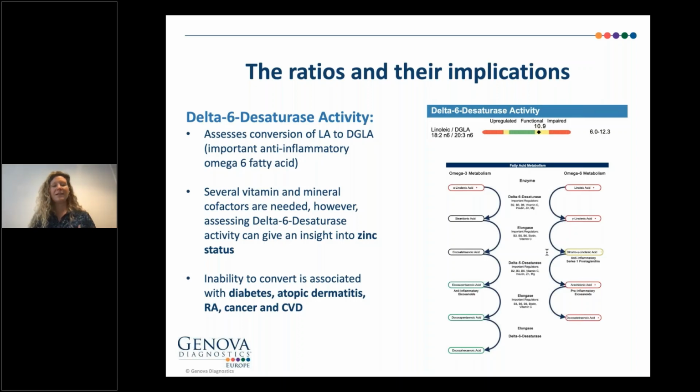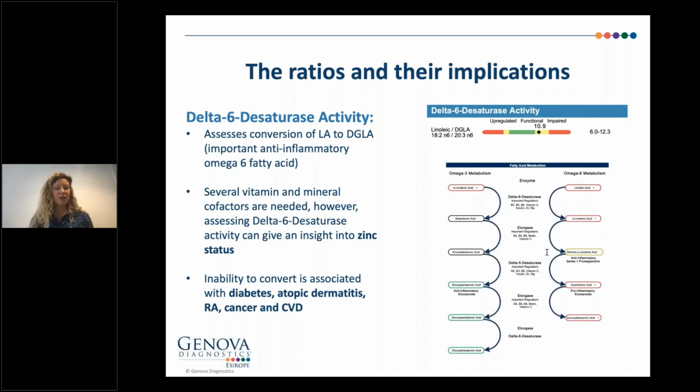And of course, in addition to that, we also know that zinc deficiency can impact things like fatty acid absorption, oxidation, and incorporation into red blood cells. So having an impaired delta-6 desaturase activity level can point to zinc insufficiency as an important cause. And then other considerations to include, of course, are the lack of the other vitamin and mineral cofactors, and insulin dysregulation as well.